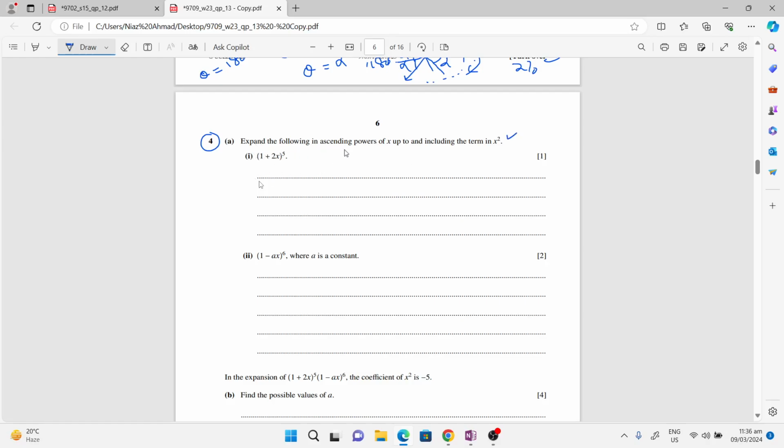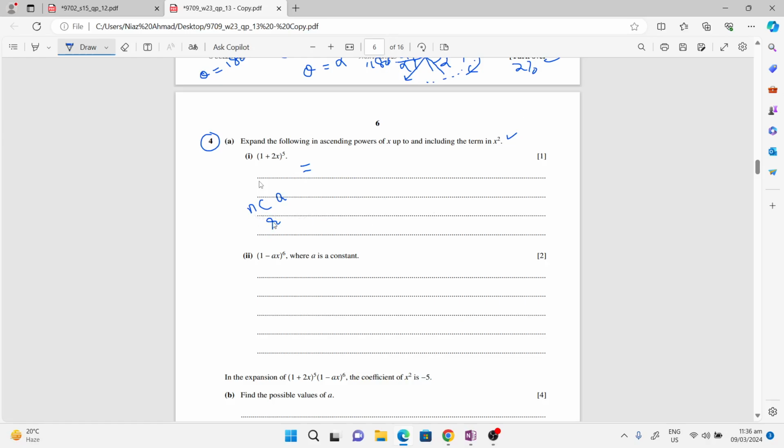Expand the following in ascending powers of x up to and including the term in x squared. So what is the formula to expand the binomial? It is nCr a to the power n minus r and b to the power r.